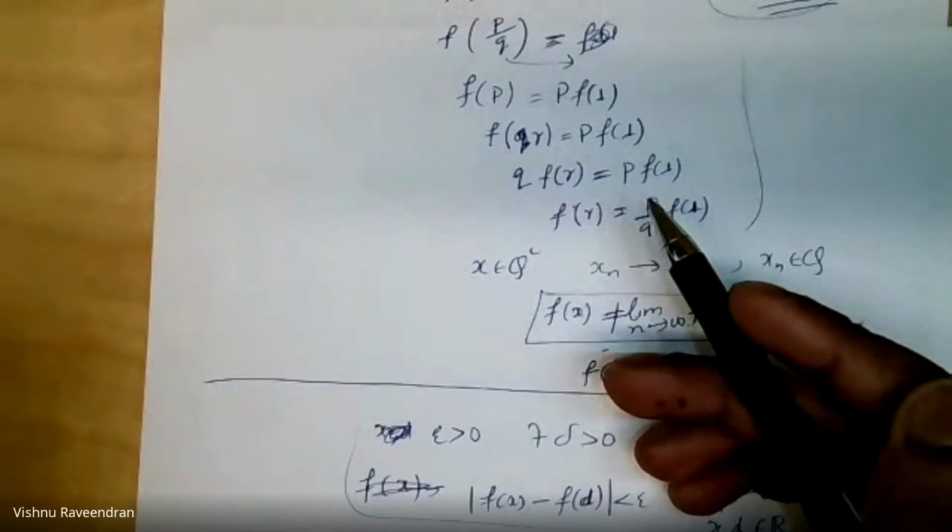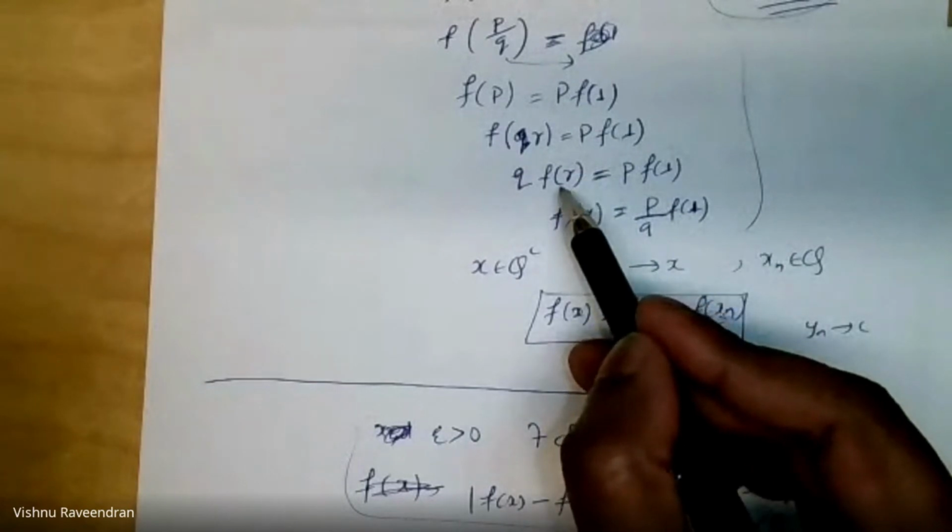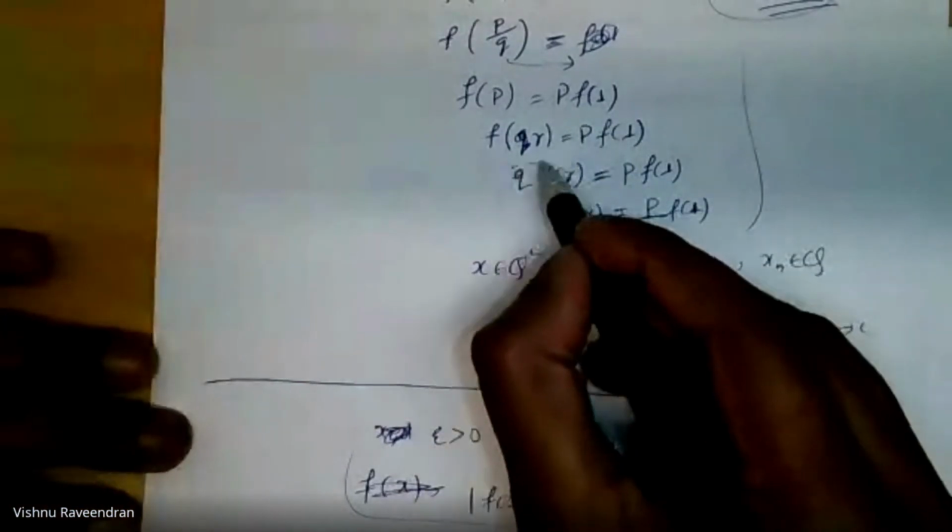Sir, in the above step, f of q is equal to q into f of 1? Yes. How do you get this?